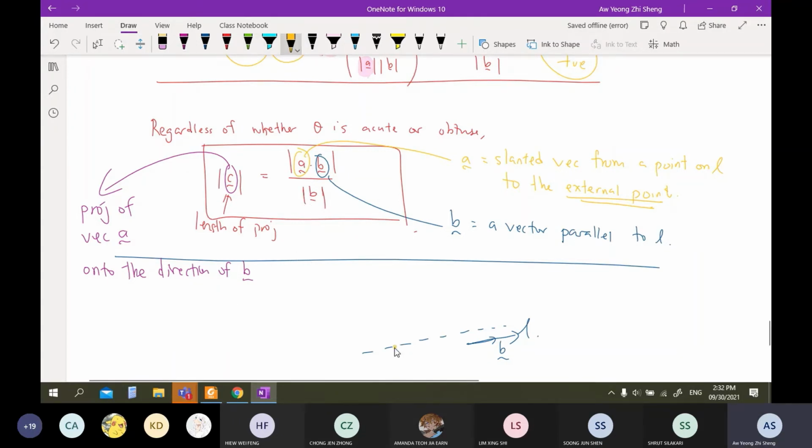So you have your vector A like this. And this formula will lead you to the green color length. This will be the length of projection. So the formula will give you the green colored length.